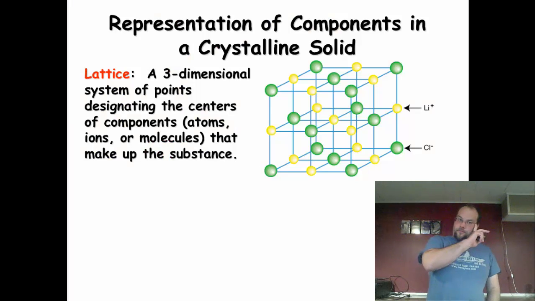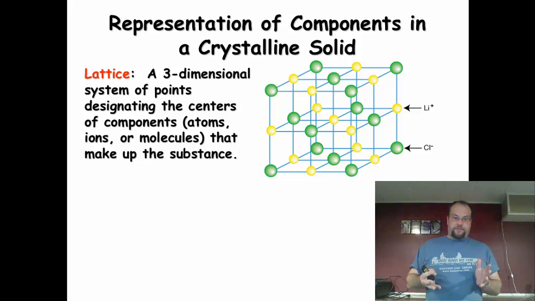Okay, so first off, let's talk about a crystalline solid. It's going to be a very orderly three-dimensional system, and it's going to have this lattice. This lattice is the actual orderly part. So you can see that this is LiCl, with the Li and the Cl very organized. They have forces between them.